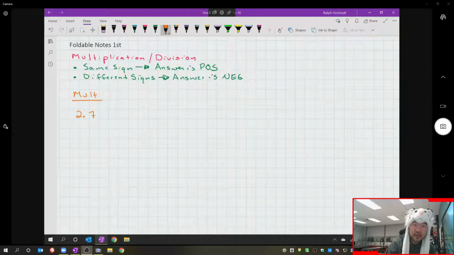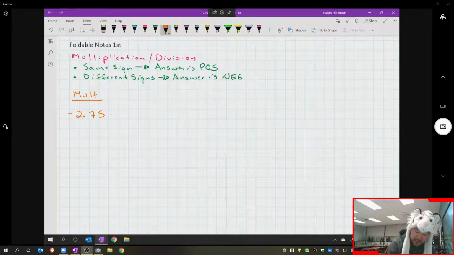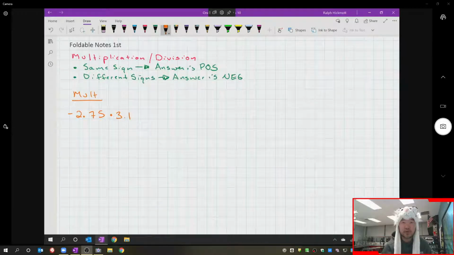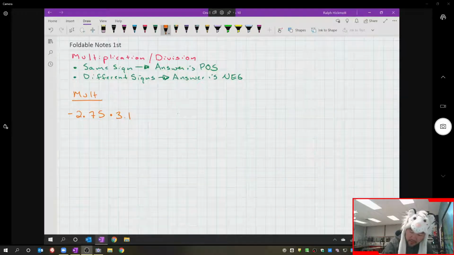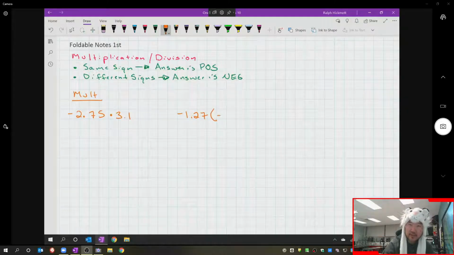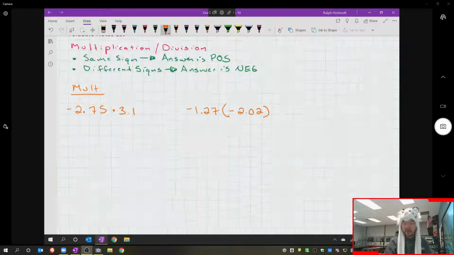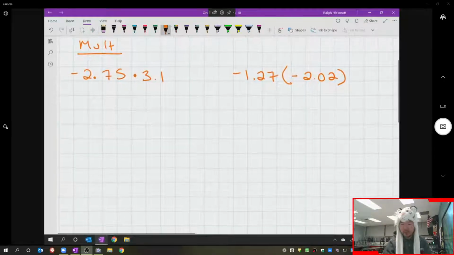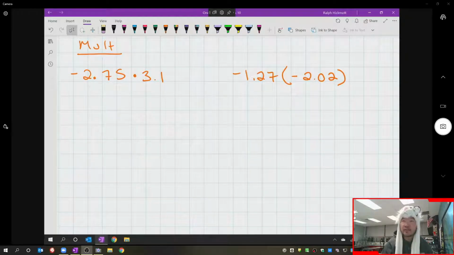One where we have a negative and a positive written in this style, negative 2.75 times 3.1. And then don't forget, we also have the style where if we have just parentheses, it's also multiplication. So take a moment to write these two examples down. I'm going to zoom in on it. Okay, so you got negative 2.75 times 3.1, negative 1.27 times negative 2.02. So we're going to do these two.